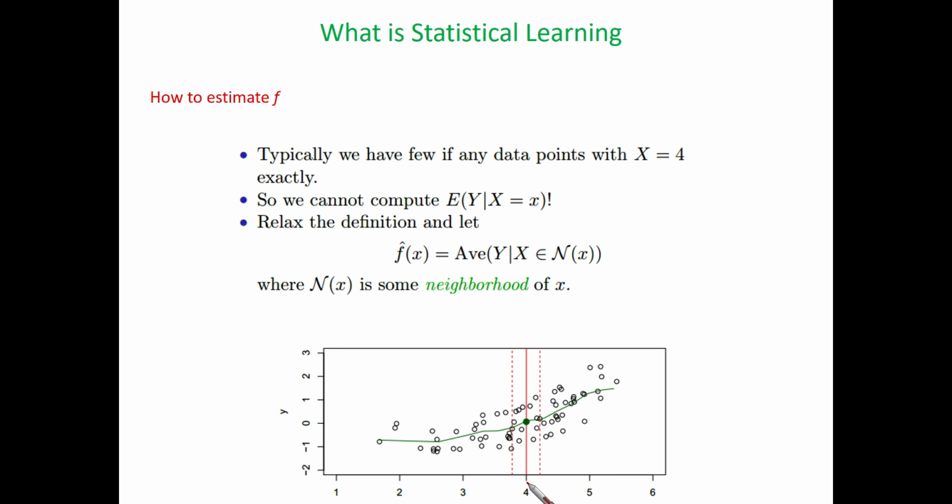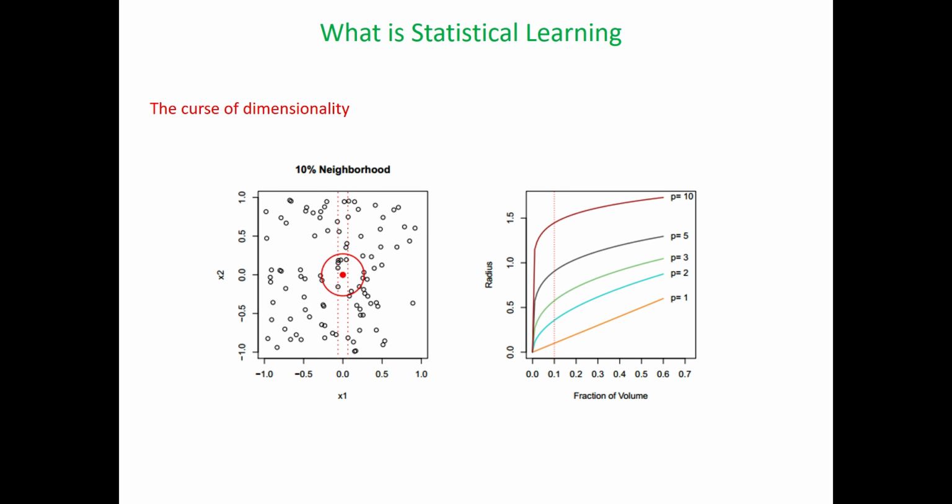We believe that at x equal to 4 and at slightly more or slightly less, the value of y should be almost similar. But if you consider x at 6 or 7, we can't guarantee it, because it is not within the local region anymore. So that's the curse of dimensionality, or dimensionality problem.